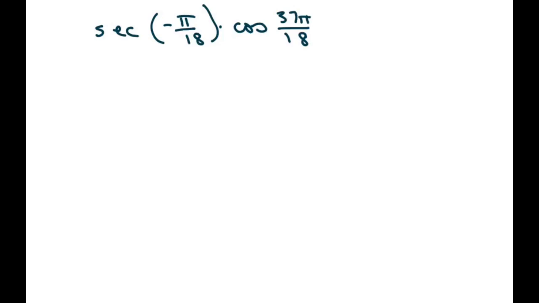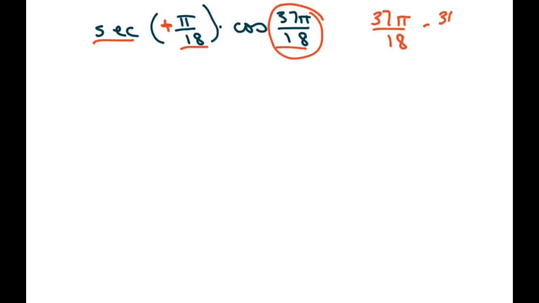Okay, the same thing we're going to do with this one. However, secant is an even property. So for even properties, I can just change my angle, the sign, to a positive. And then to make my angles the same, I'm going to subtract 2 pi from 37 pi over 18, because the period of cosine is 2 pi.